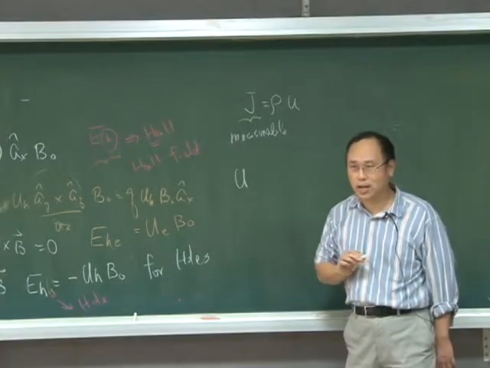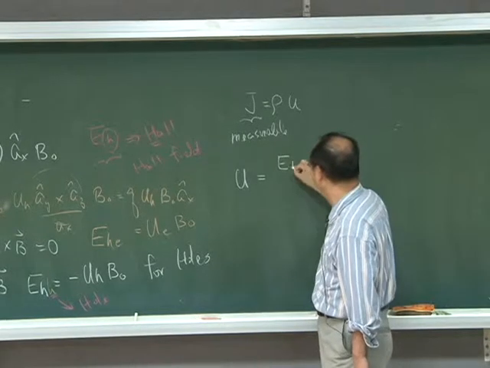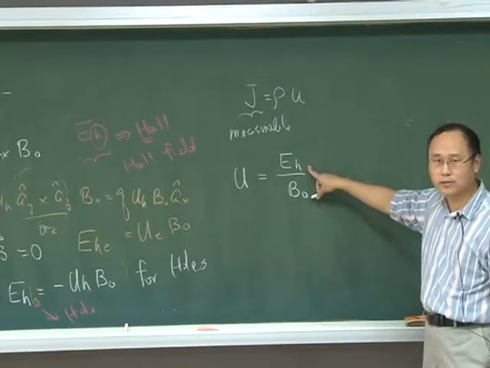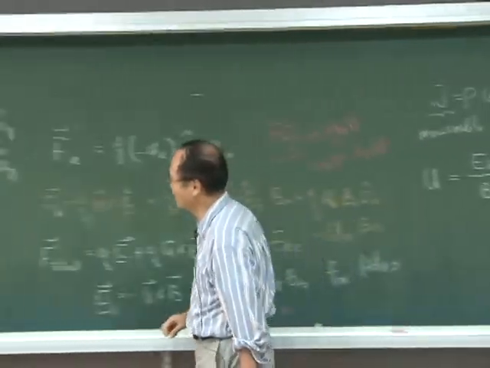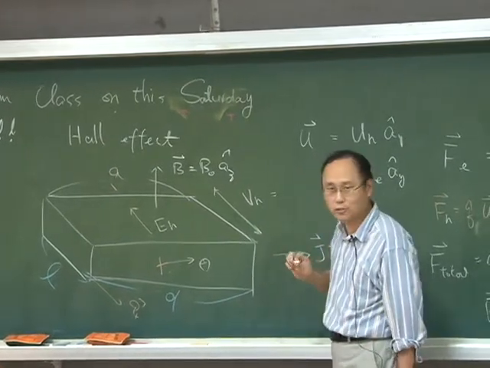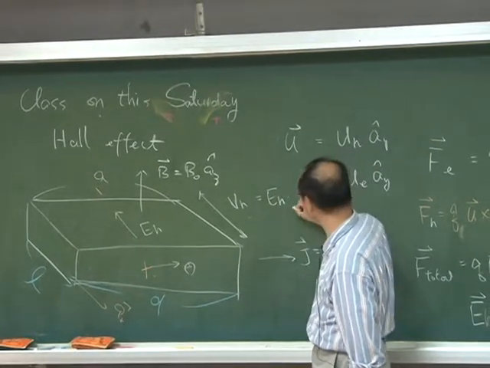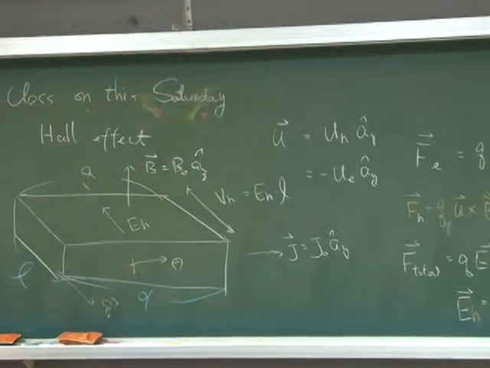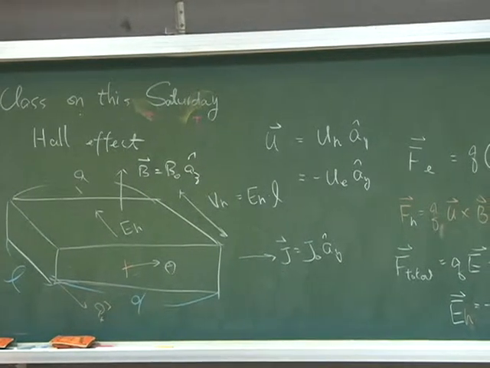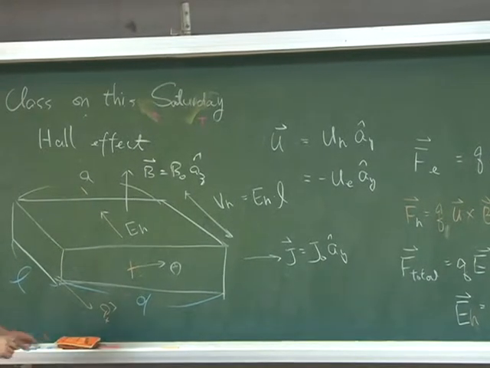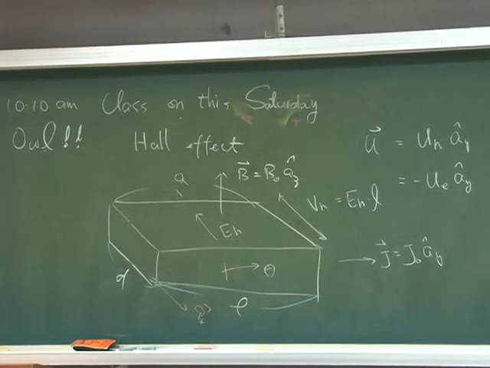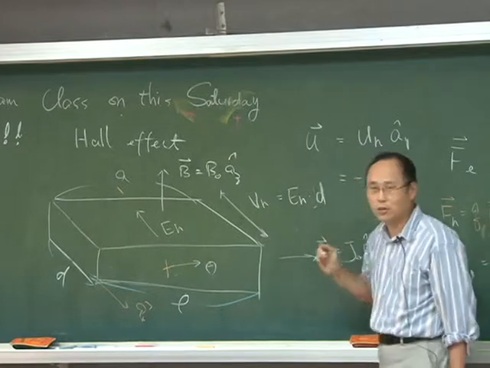If I don't worry about the sign, then my U is equal to the Hall field divided by the magnetic field. This can be measured. All right. Suppose that you have a Hall voltage between these two ends. This Hall voltage is going to be equal to the Hall field multiplied with L. In your notes, is it L or D? Let's make it the same as your notes. In your notes, this direction is D, so let's switch it. So here, the Hall field multiplied with D gives you a Hall voltage.